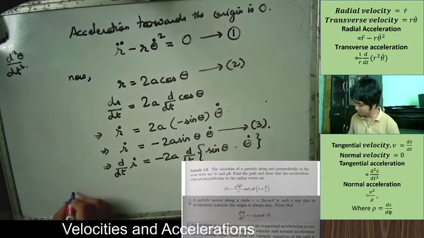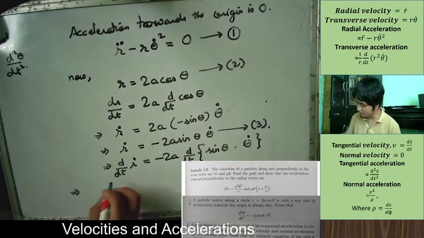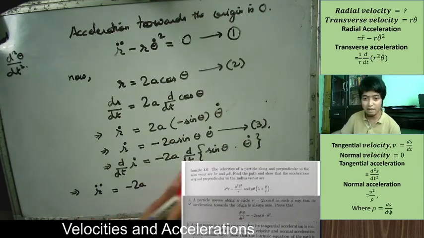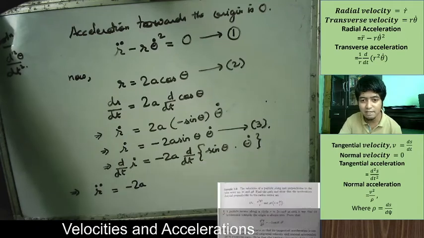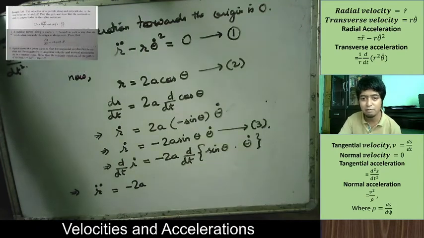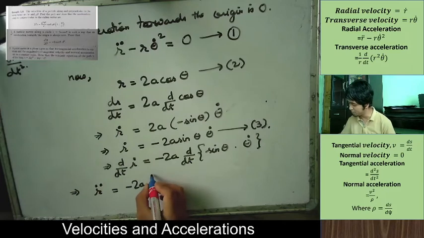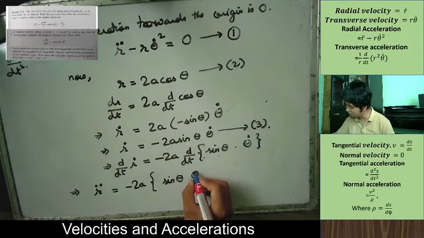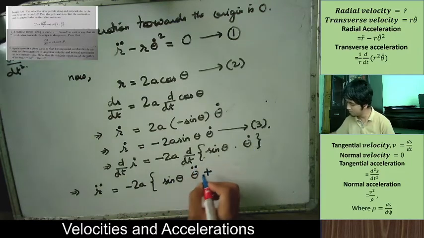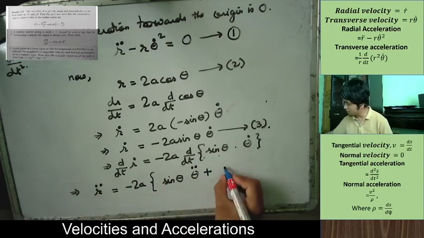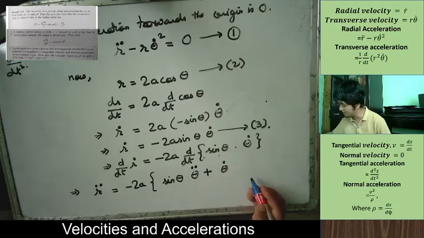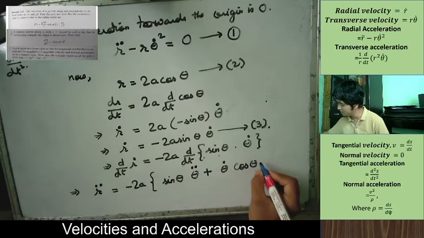Now let us differentiate this one. d dt r dot will give you r double dot equals minus 2a. For the right hand side, we will have to use the product rule for differentiating this one. So we will be having sine theta d dt theta dot, which will give you theta double dot, plus theta dot d dt sine theta, which will give you cos theta dot.